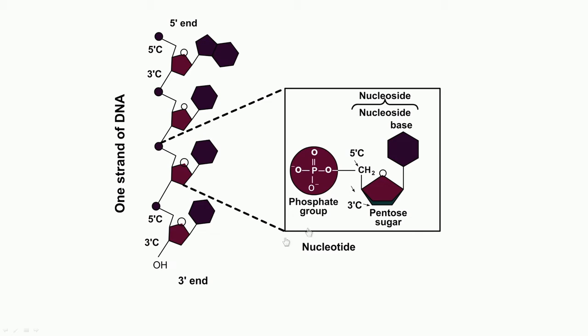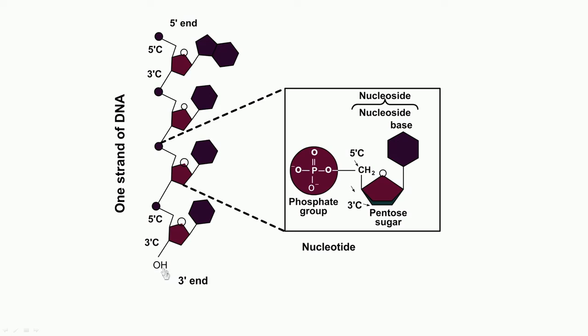This is a 3 prime end which is free here, and the 5 prime end of the sugar is attached to the phosphate group. The 3 prime end of the ribose sugar of another nucleotide gets attached to this phosphate group, and that is how the chain gets built up, the polymer gets built up.